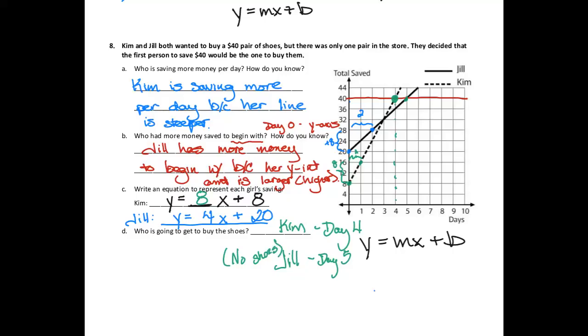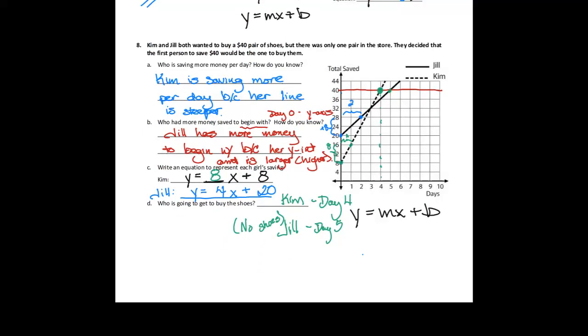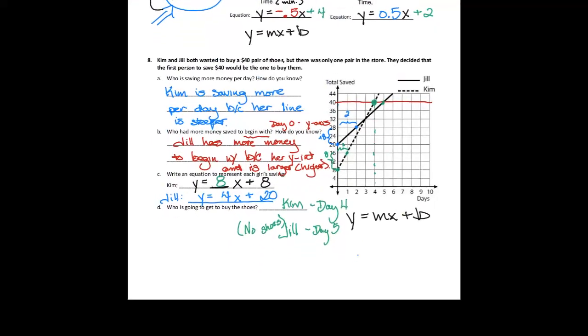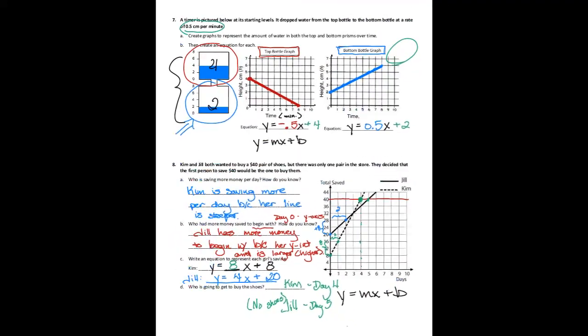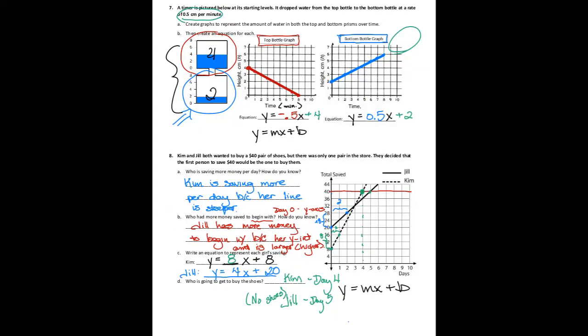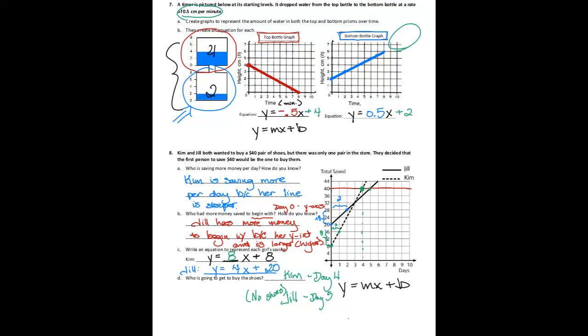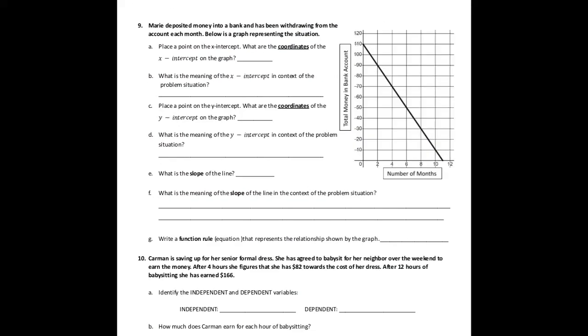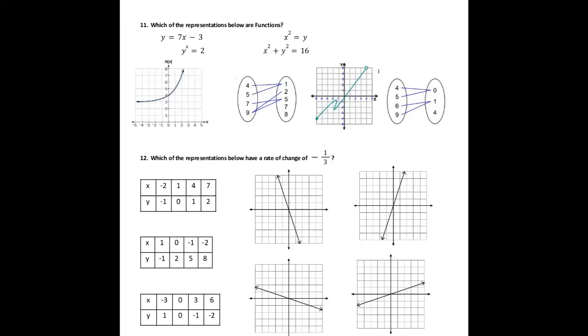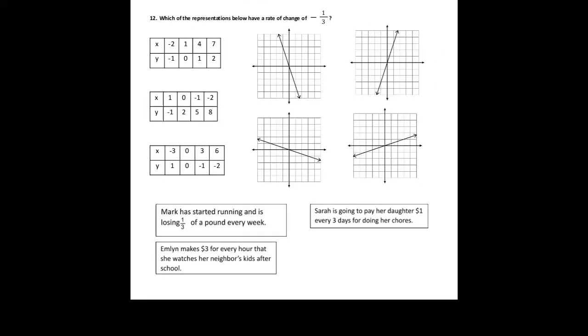Okay? All right. Any questions about that problem? Nice job there. Okay. All right. So that is that page. We still have a little bit of time. Let's try to go on to the next one. So we got 9, 10, 11, 12, and that's it.